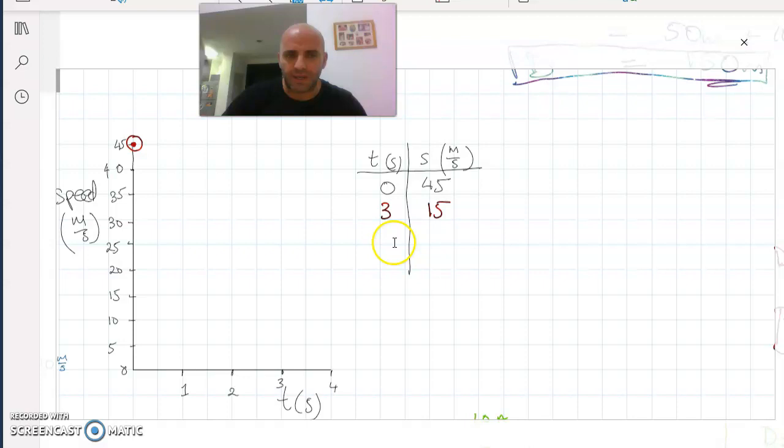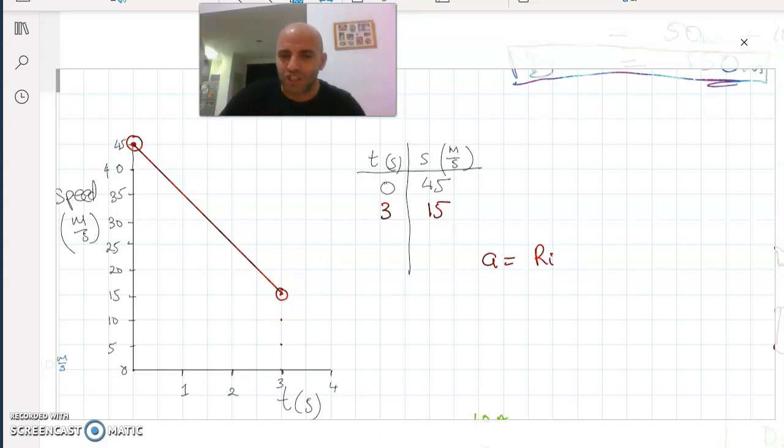Then what I did was I made a little table of values. Now I took these values from the question. The initial velocity was 45 meters per second. So that means at time equal to 0, the speed was 45 meters per second. 3 seconds later, we knew it was 15, and we knew it was coming down uniformly, which means it was going to be a straight line. Now all I did was I plotted those points, 0, 45 and 3, 15, and drew my line.